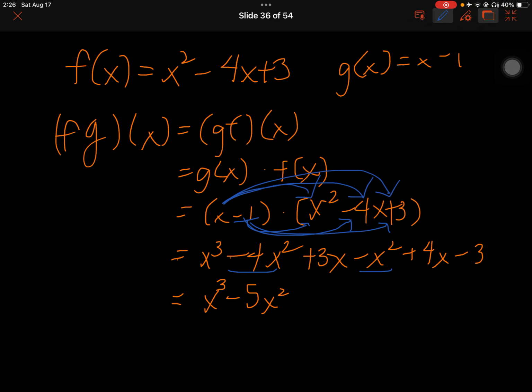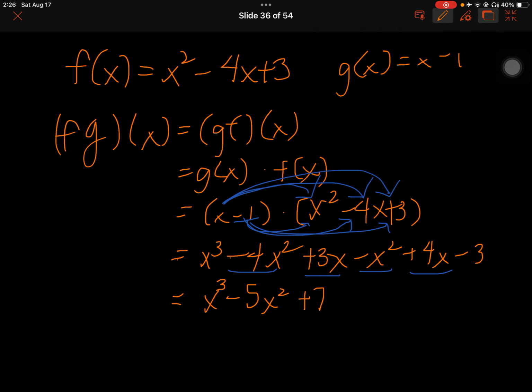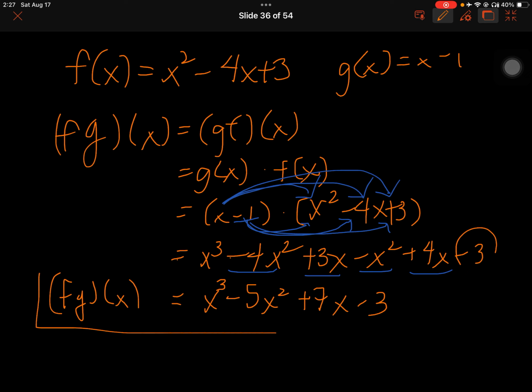Then positive 3x plus 4x is 7x. So plus 7x, then minus 3. So this is fg of x. Understood? Fg of x is equal to x cubed minus 5x squared plus 7x minus 3.